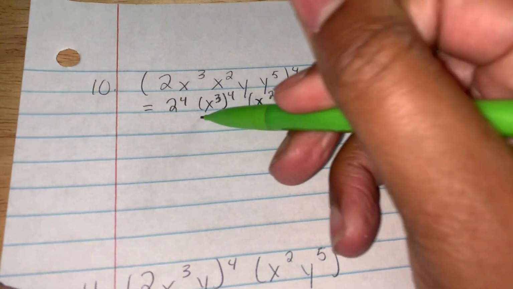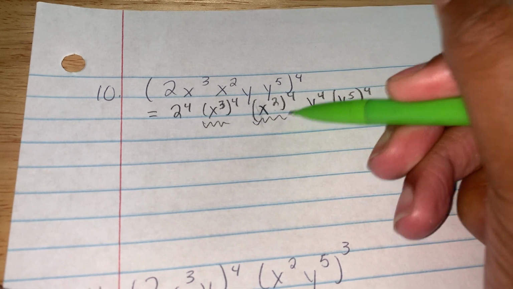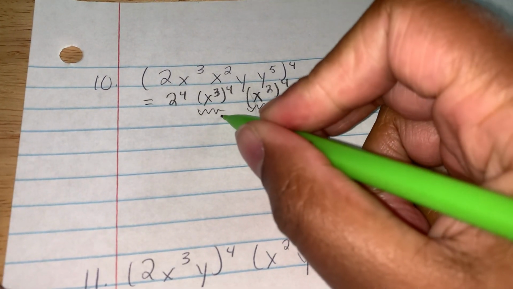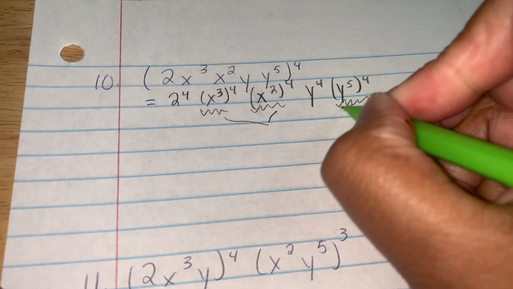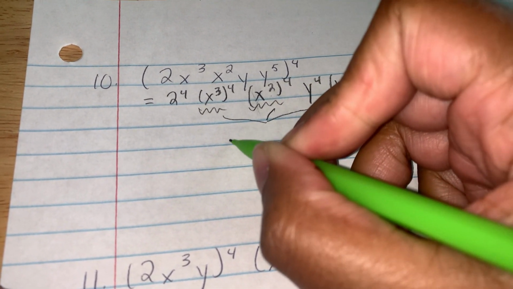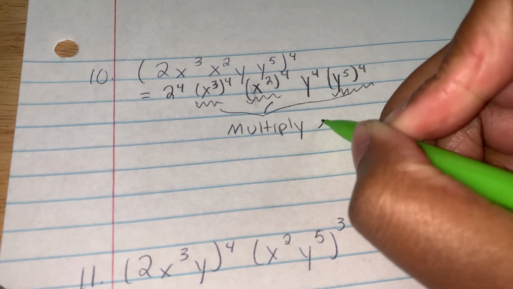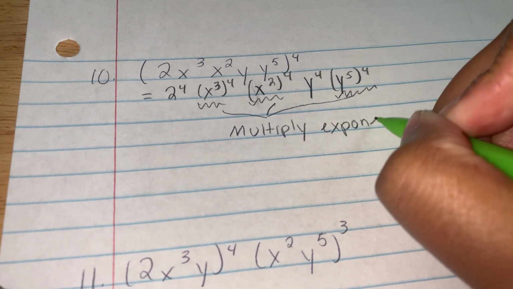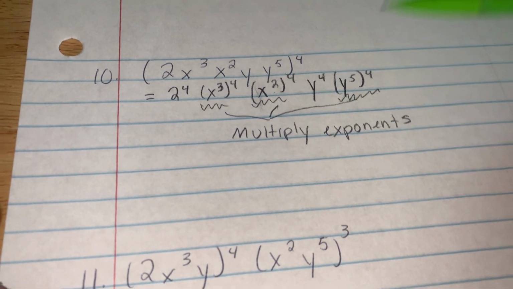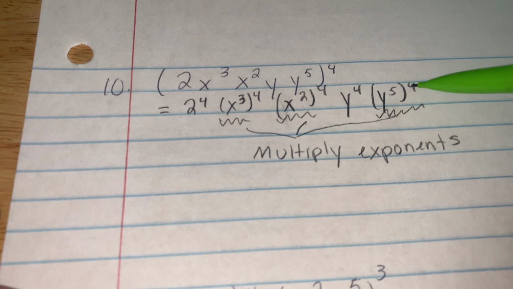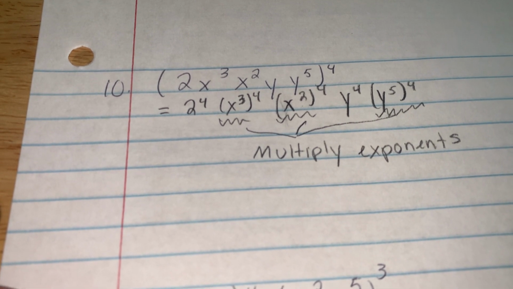Okay, now for this one, and this one, for all of these, you want to multiply the exponents instead of adding. So whenever you have a setup like this with parentheses, when there's 2 exponents, you want to multiply them instead of adding them.